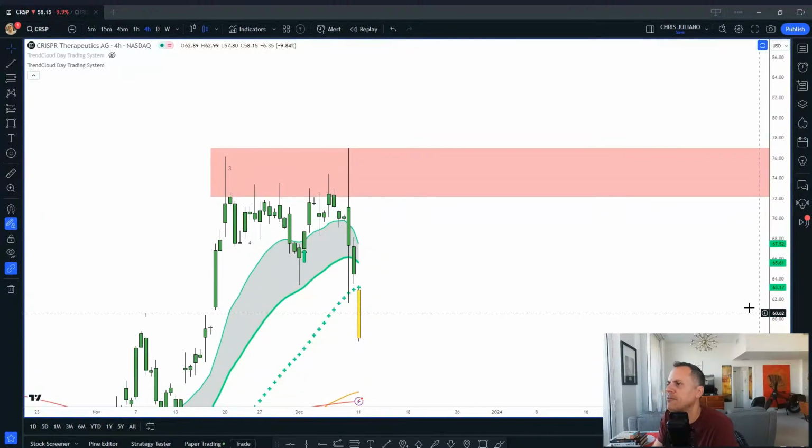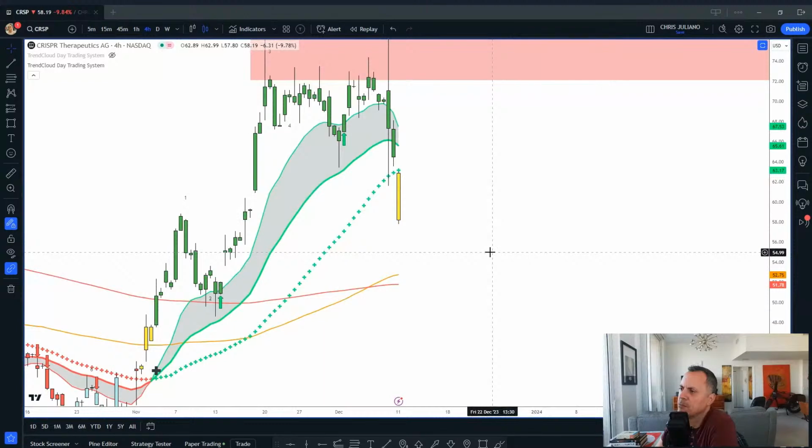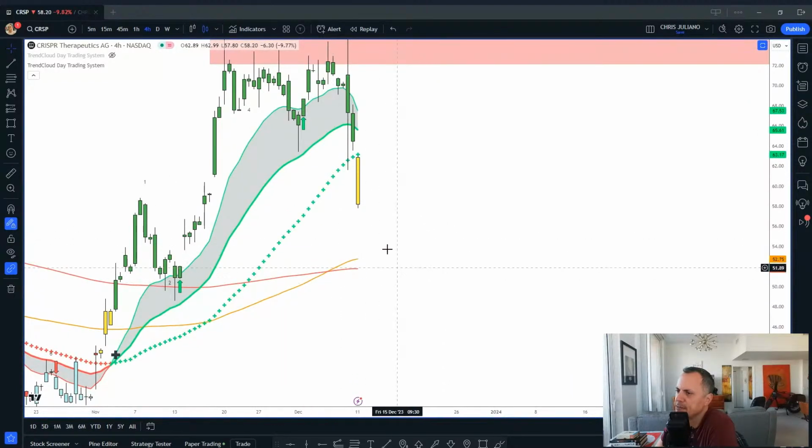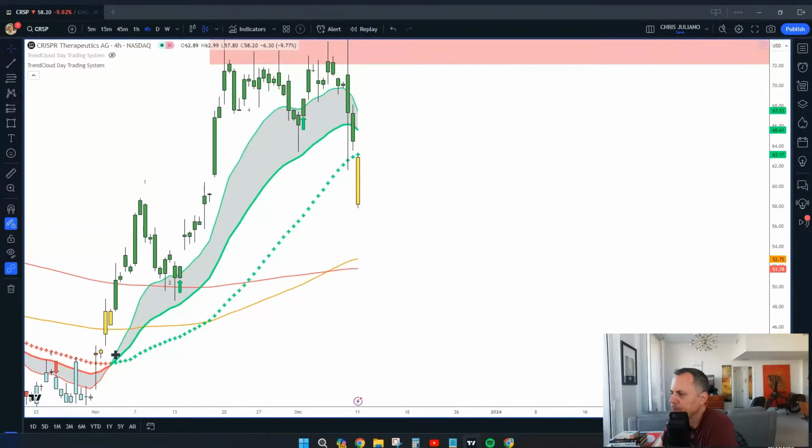So there's a lot of sellers up in this area. 1, 2, 3, 4, 5, 6, 7, 8 times, man. 8 times popped up into that area and moved down. Maybe it's heading for this area here.